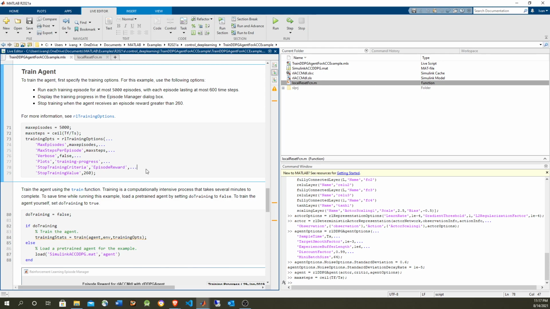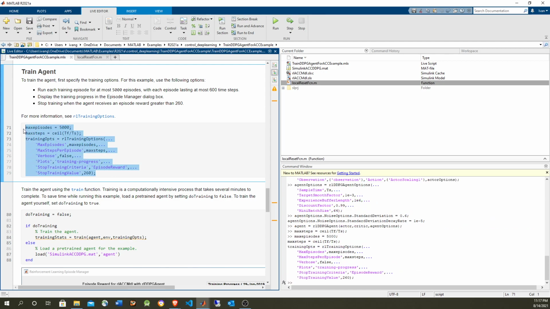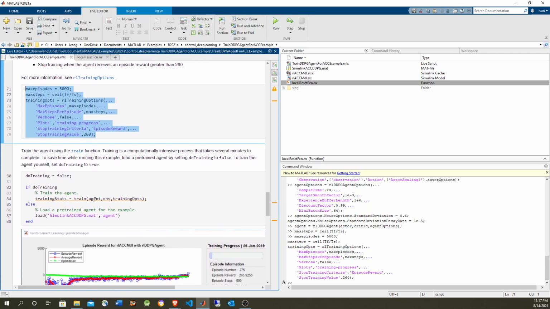And well, the example determined that the acceptable reward is going to be 260, so that's where it's going to stop. So we indicate the stopping criteria is going to be the episode reward, and the stopping value is 260. Okay, so now we have the training options. So now with the agent, the environment, and the training options, we're gonna be able to train the network.